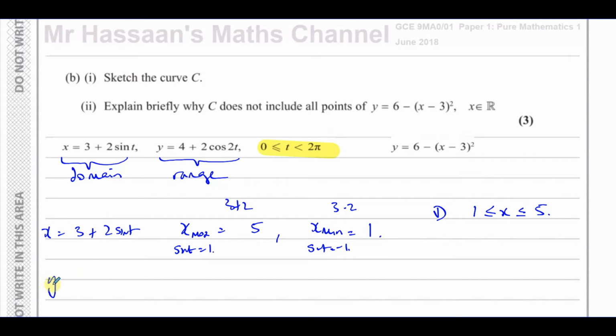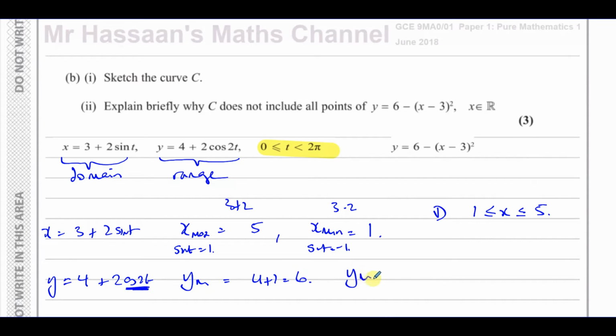And for the range, we'll look at the y values. So we have y is 4 plus 2 cosine 2t. So again, the maximum value that this can take is when this is equal to 1. And this will reach 1 in this range. So y max is going to be 4 plus 2, which is 6.